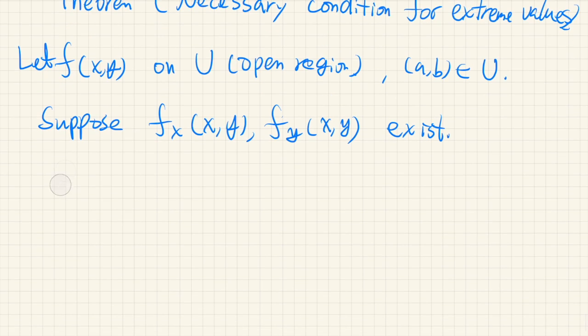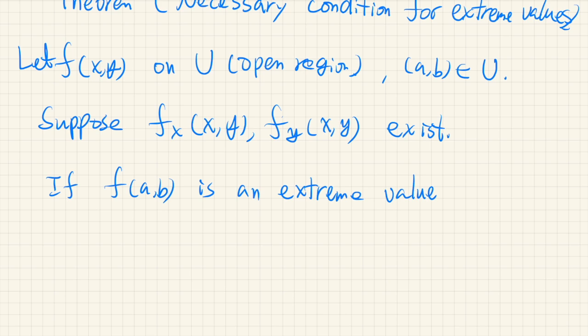Then if f of a b is an extreme value, that is either a local maximum or local minimum value, then the derivatives at this point are 0. f x of a b is equal to f y of a b is equal to 0.